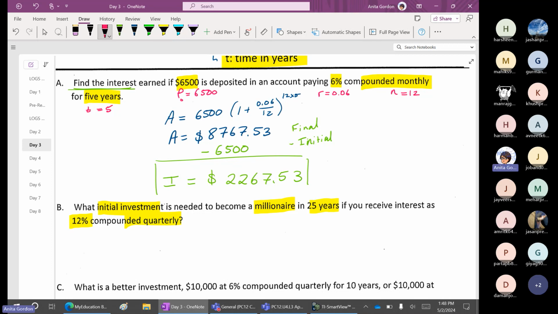Okay, this is where I do not know my initial investment. What does this tell me? My final amount should be 1 million. So how many zeros is that?